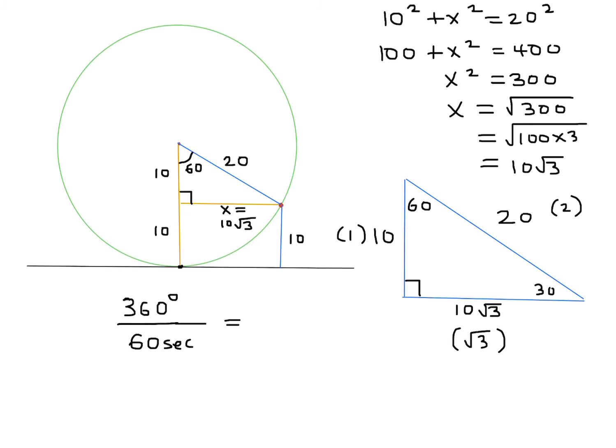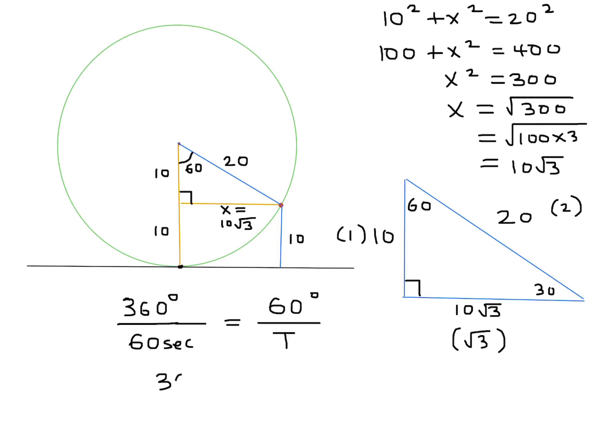So we want to know how much time it will take to go 60 degrees. So if this radius is now swinging from here to here, it's basically traveled 60 degrees. How much time? We'll call it t for time. And that's our mathematical equation.